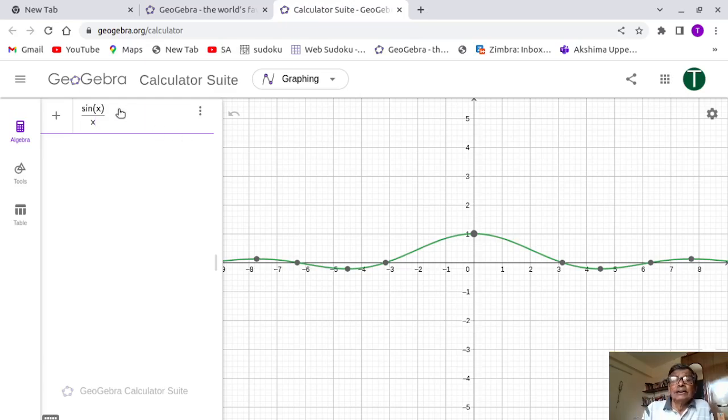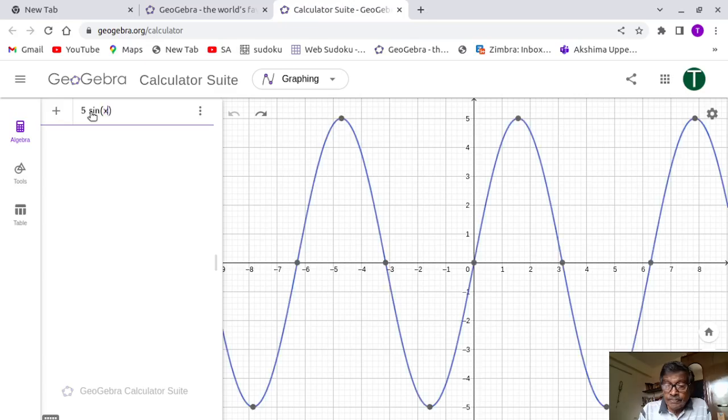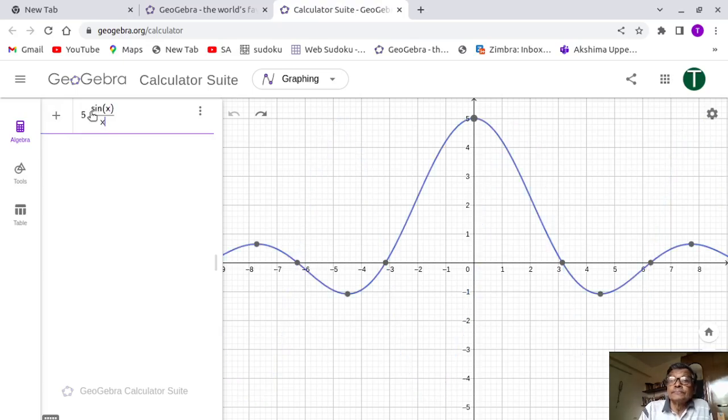Okay, and to make it slightly more amplified, I will just change this curve in this fashion: 5 sine x divided by x. So the same nature of curve, only all the y coordinates are amplified by a factor of 5, and this curve looks like that.